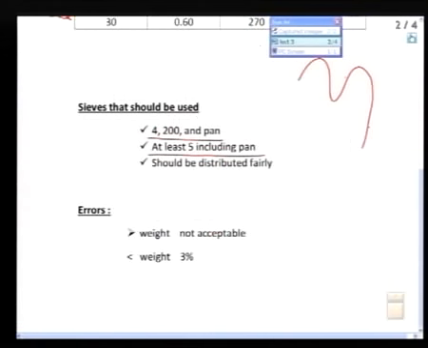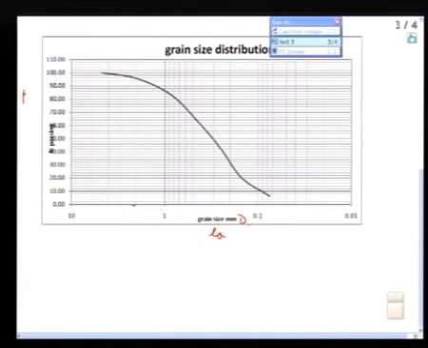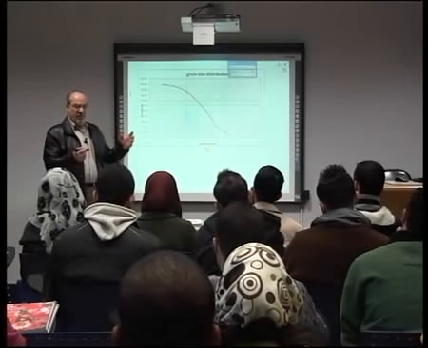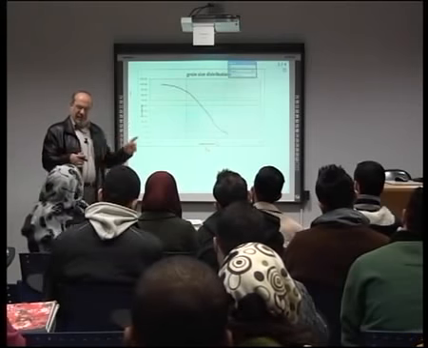So here we will have a semi-log scale. What do we have in this semi-log scale? We have 1, 2, 3, 4, 5, 10, 0.1, 0.01. You see?